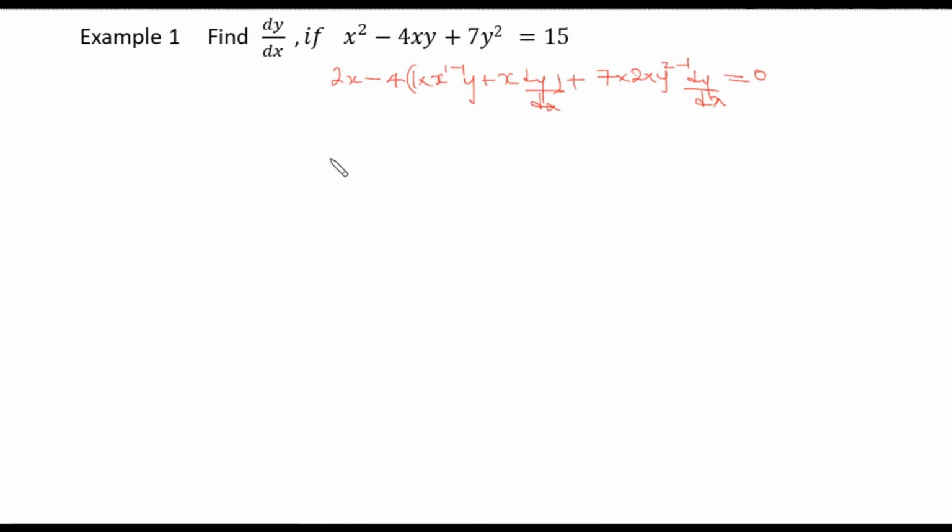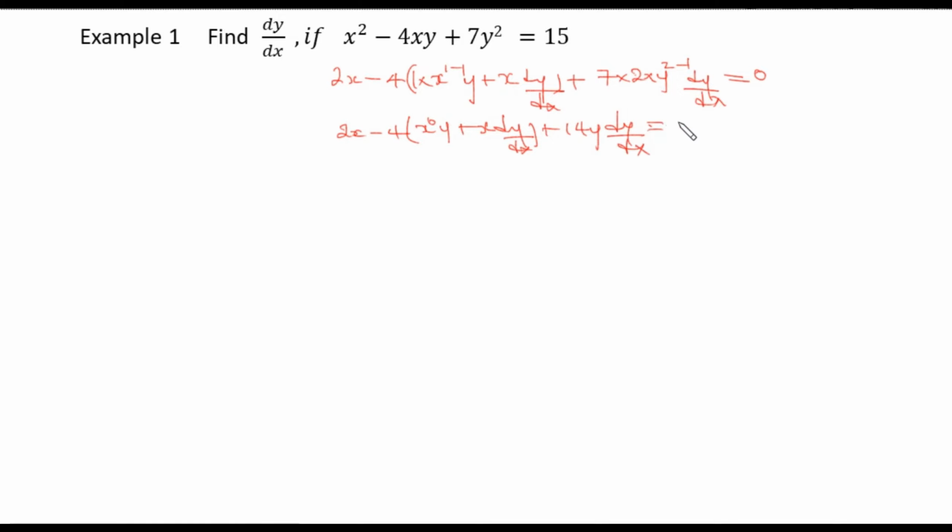So here we now have 2x minus 4 times (1 times x raised to the power 0, y, plus x dy dx). We have here 14y, 7 times 2 is 14, y to the power 2 minus 1 is 1, so it's 14y dy dx is equal to 0.